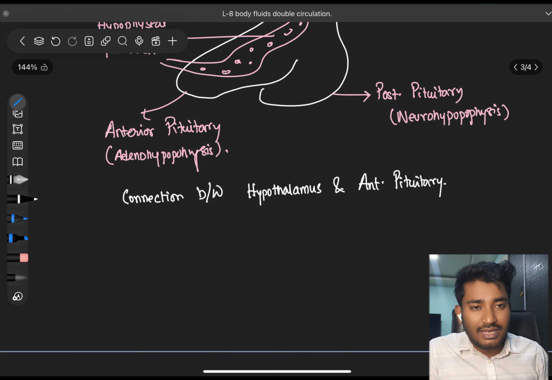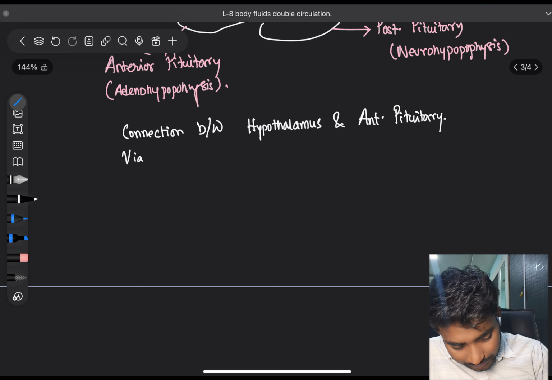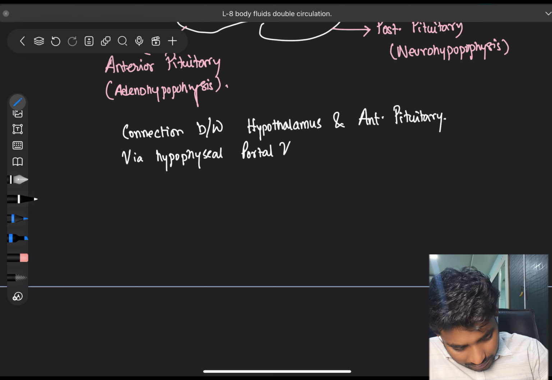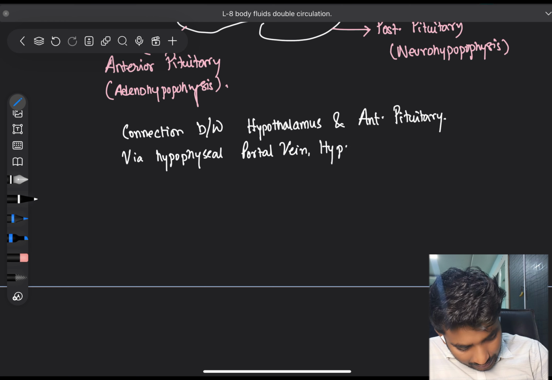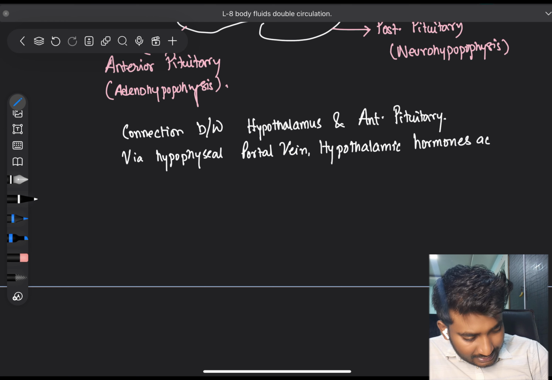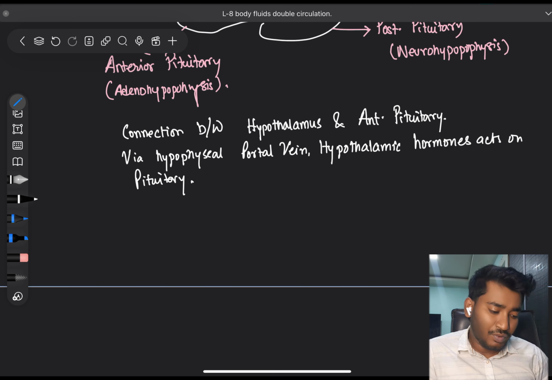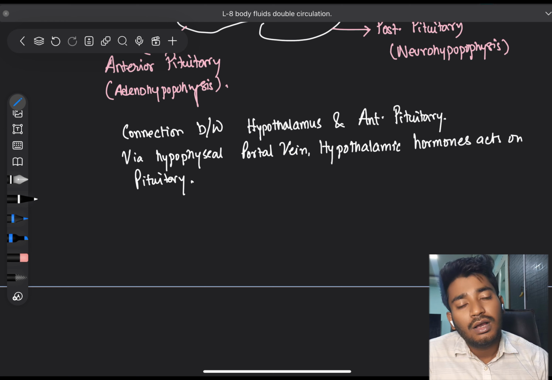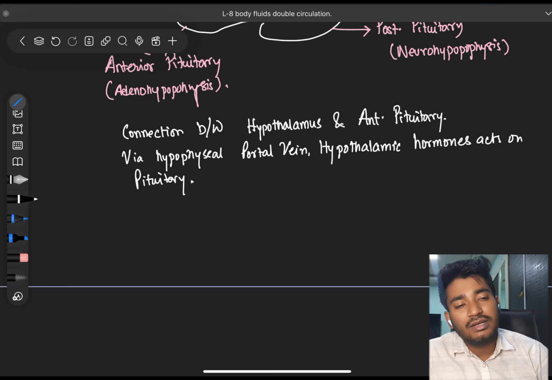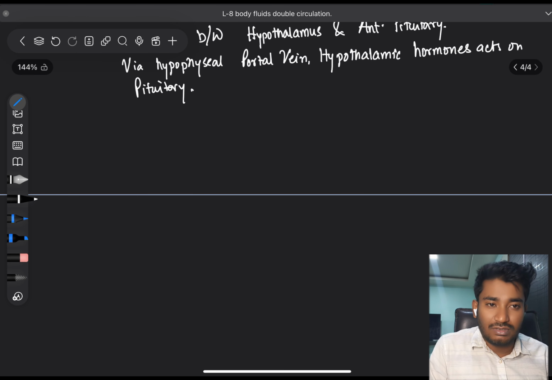These are actually released by the anterior pituitary, but the signal is transmitted from the hypothalamus. So via the hypophyseal portal vein, the hypothalamic hormones act on the pituitary.